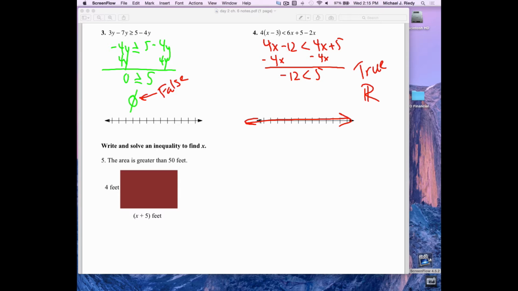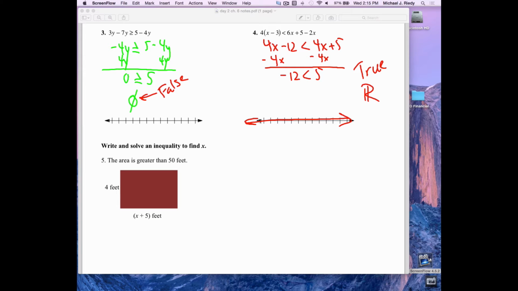All real numbers. So the entire graph. There's no critical number. They're all critical numbers. That's the bizarreness that happens sometimes when you're doing inequalities. We saw the same thing with equations, when we would solve and get something like 5 equals 5. That's a true statement, so it's all reals. Or we'd see something like 0 equals 3. It's not true, so none of them work.